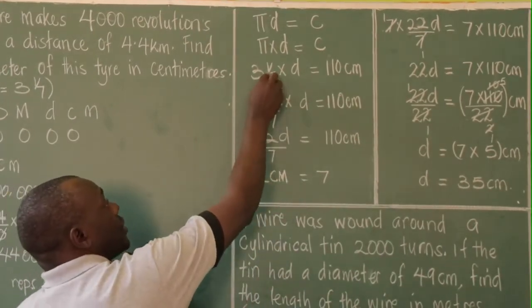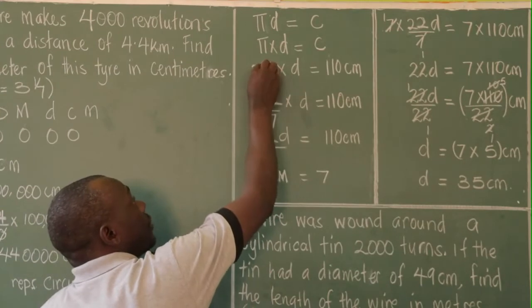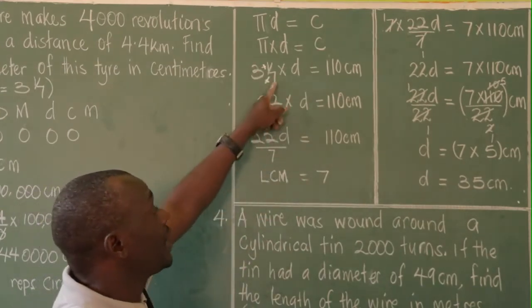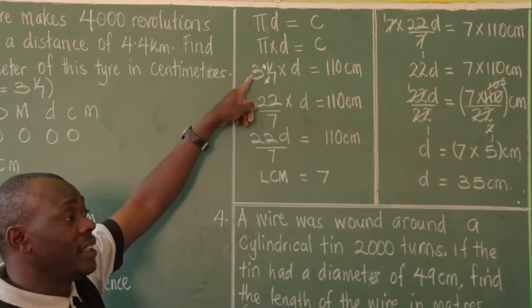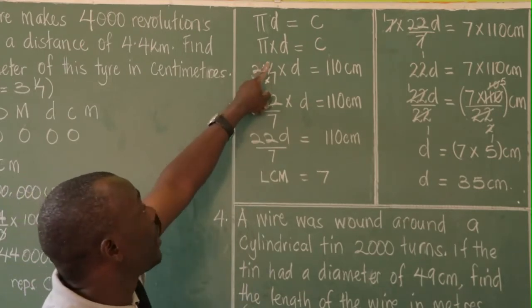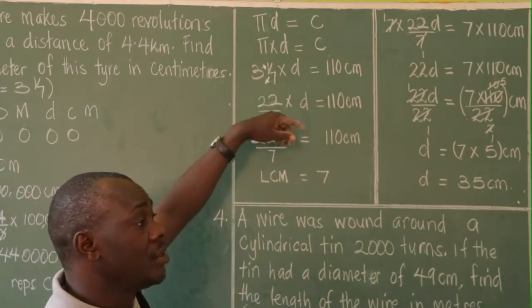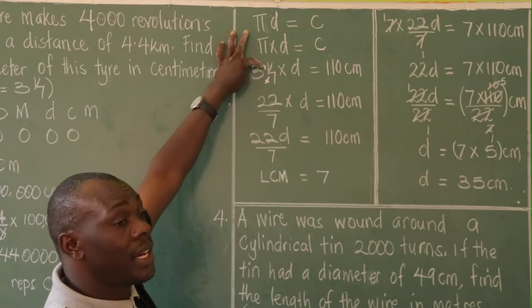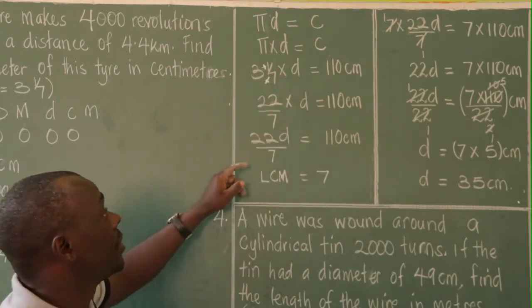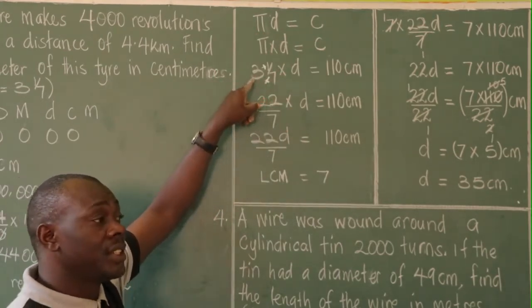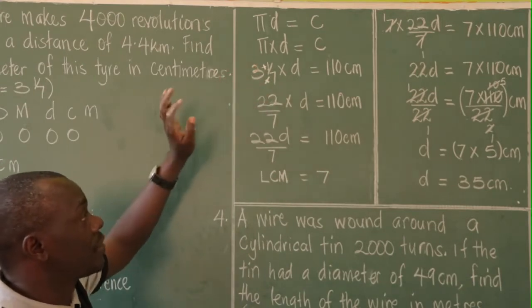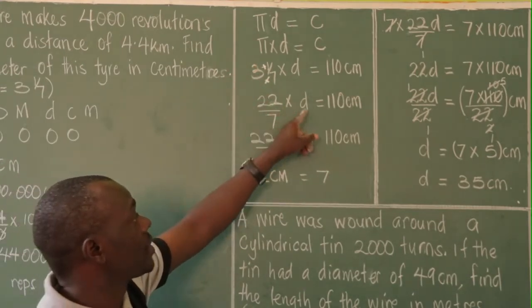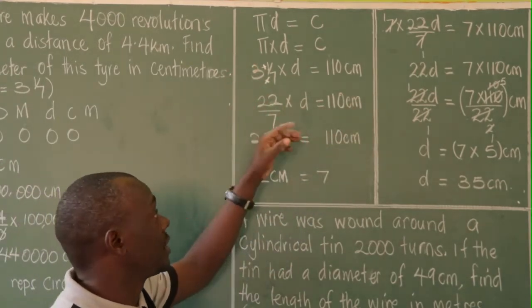Now, convert to an improper fraction from the mixed one by multiplying the denominator by the whole number plus numerator, out of denominator. So 7 times 3 get 21, plus 1 get 22 out of 7. So 22 out of 7 times diameter equals 110 centimeters.